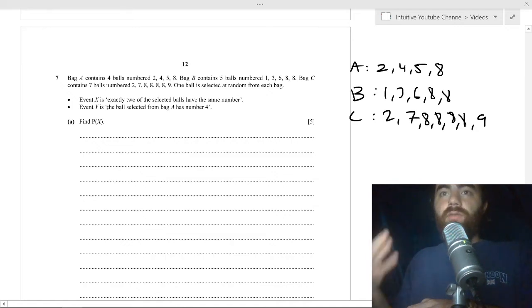Okay, so we just have to think of different ways that this can occur. X could occur, so it says exactly 2 of the selected balls have the same number.